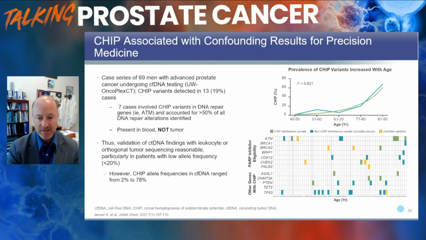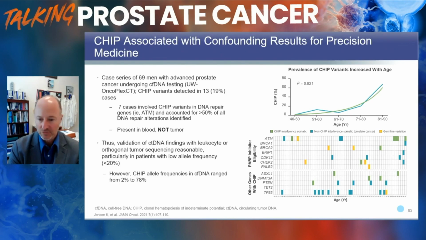This was a remarkable study looking at the prevalence of CHIP in prostate cancer. You can see it's actually more common than not in our 80-year-old men, and it just increases in prevalence. And this study actually found that almost half of all the DNA repair alterations that were found in plasma testing were CHIP alterations, predominantly, again, in ATM and CHEK2, but not as common at all in BRCA2.